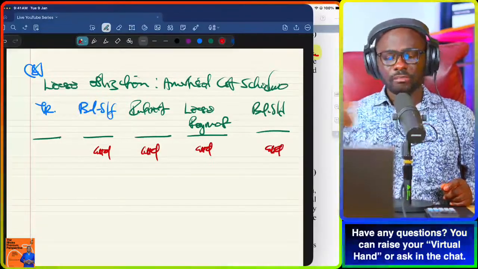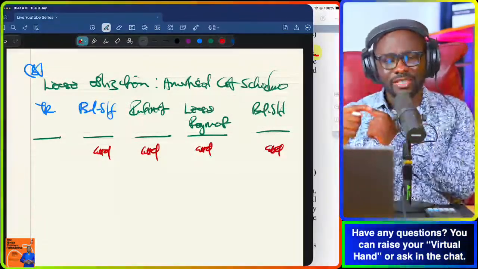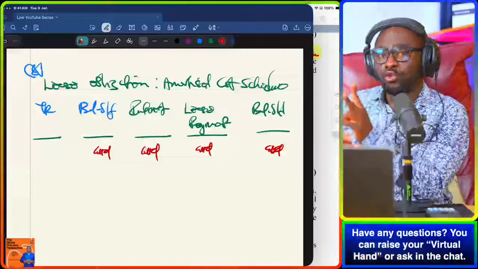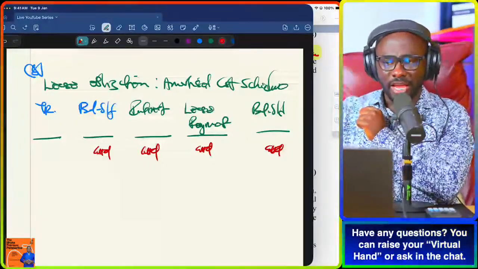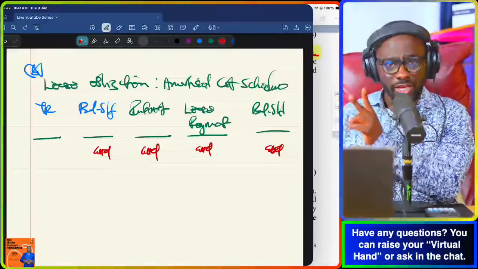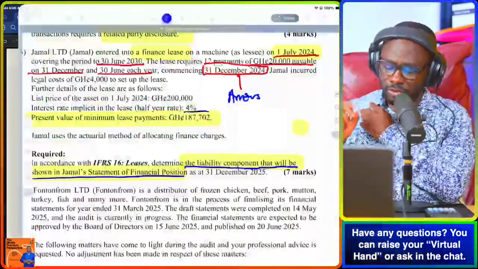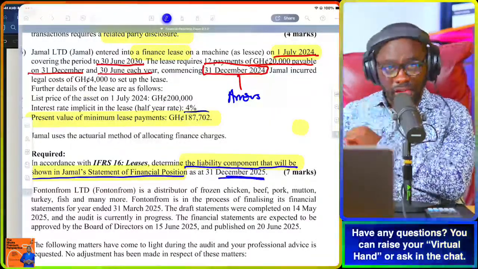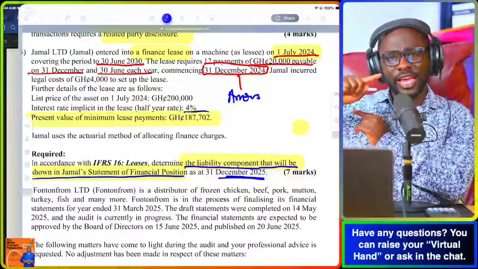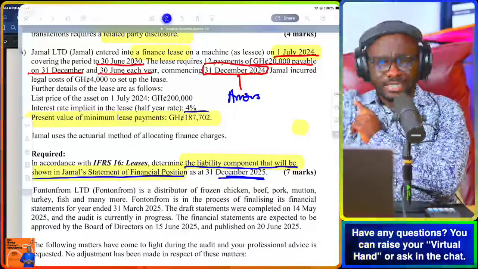Now, because payment is made in arrears, we have to do the schedule for 2 years. Stay with me. What does that mean? It means we will do the schedule for the year ended 31st December 2025 and the schedule for the year ended 31st December 2026.